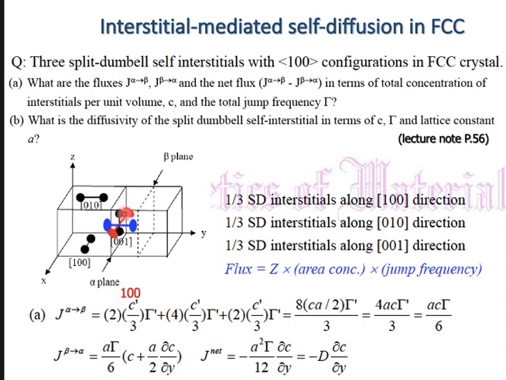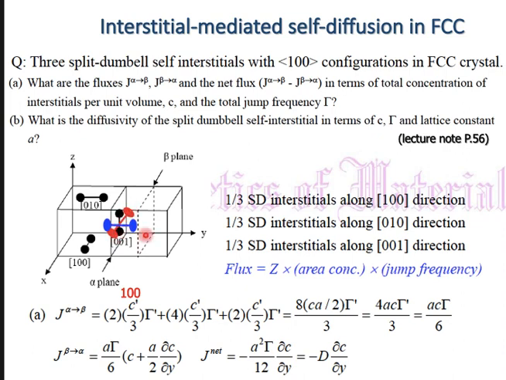So it's 1, 0, 0. We show it in red. The possible jump directions: what are the possible jump directions to jump to the beta plane? Don't forget the lattice point is here. So we have an atom slightly in front of this lattice point and slightly back from this lattice point.